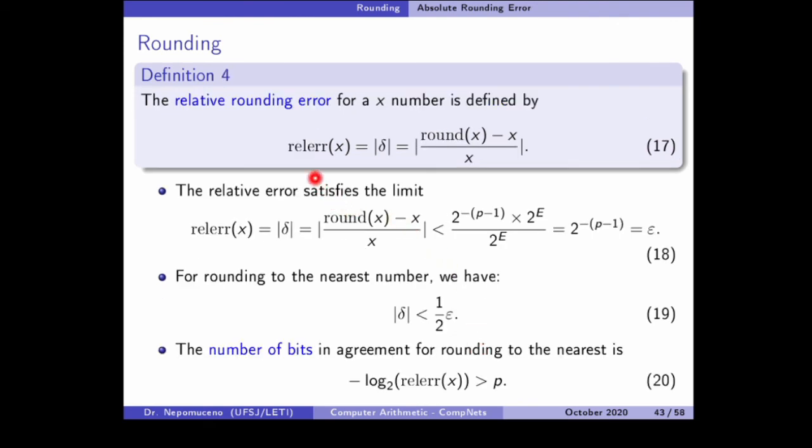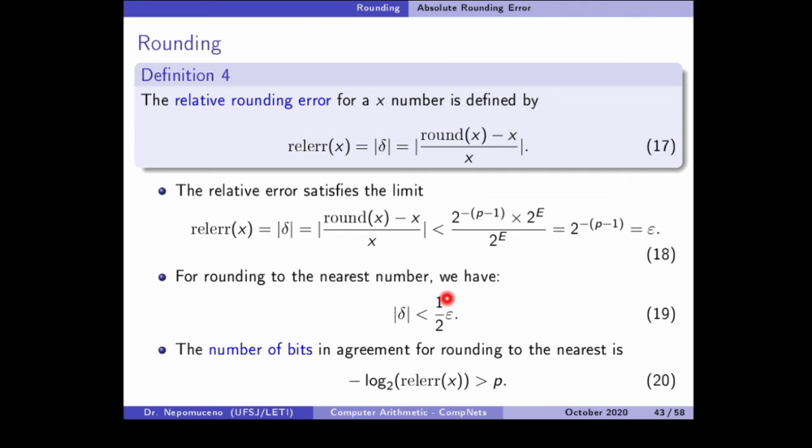Definition 4. The relative rounding error is the same as the absolute one, but you divide by x, so it's almost the same. With this manipulation, it gives epsilon. For round to nearest, we have epsilon divided by 2.